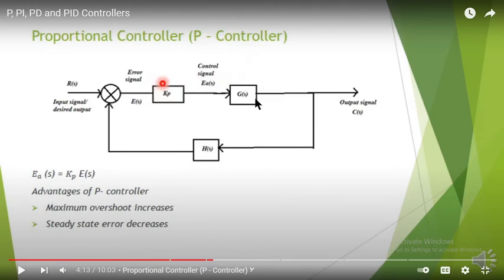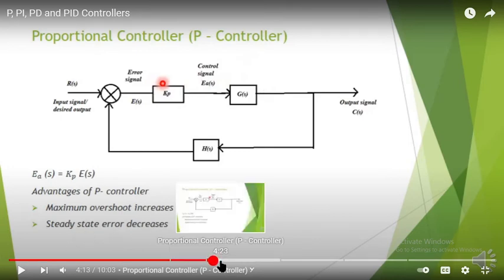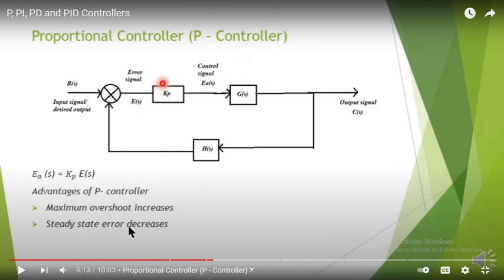It is connected between the plant and the input signal, and it sends a control signal to the plant. Its effect is that maximum overshoot increases and steady state error decreases. Though the steady state error decreases, there is a continuous presence of steady state error, which can be eliminated by applying the integral controller.